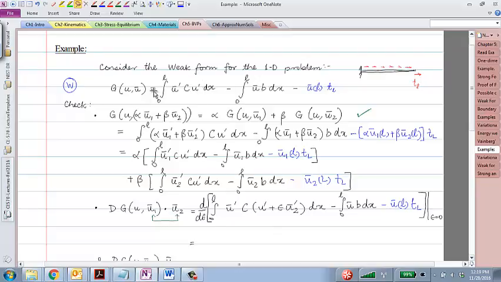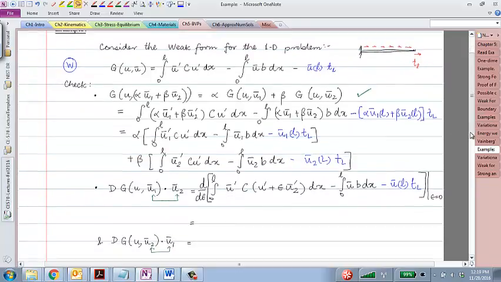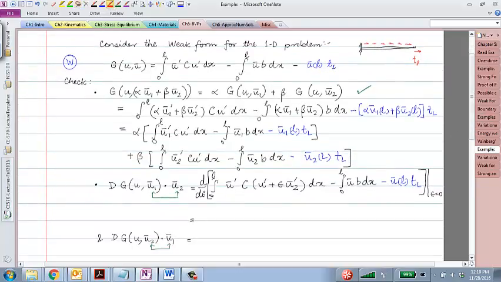In nowhere else do we have real displacement. This is real displacement, that is virtual, that is virtual, that is virtual. So the only place I replaced u plus epsilon u2 was where real displacement occurred. All right, so now I'll take the derivative of all of that. Clearly, the derivative of this term with respect to epsilon goes to 0, this term goes to 0, this term goes to 0, this epsilon goes to 1.